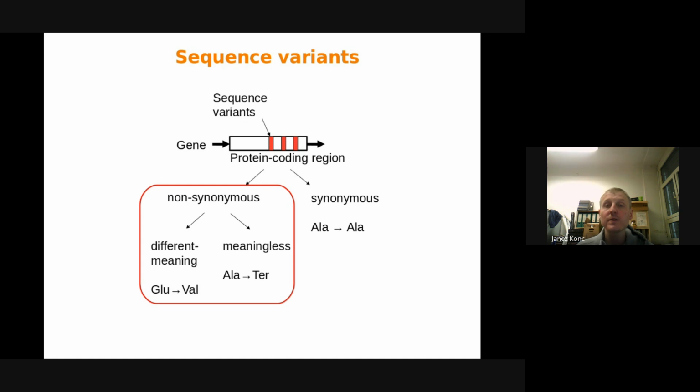So sequence variants: everybody has a genome. We all have genomes, and our genomes differ a little bit between each other. Within a population, there are differences, and so everyone has a set of his or her own unique mutations that define who they are, and also the diseases that we have.